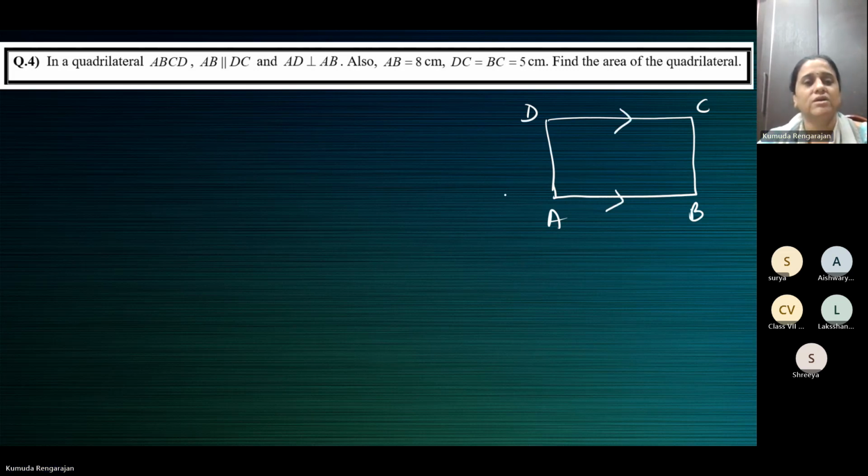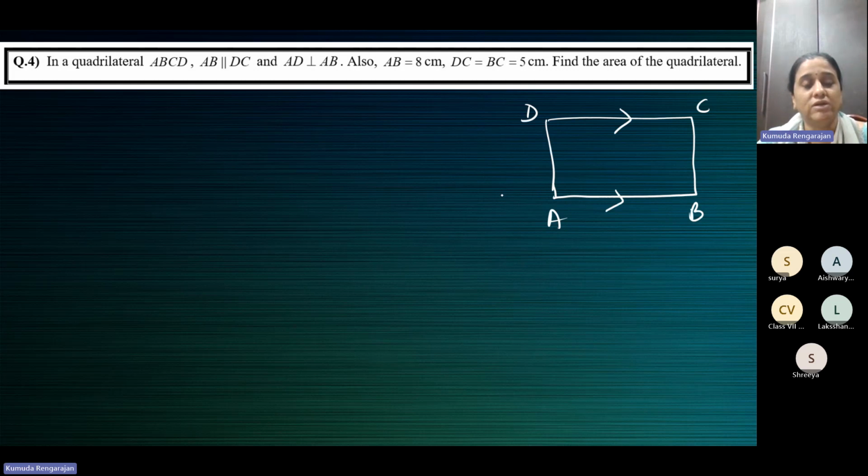I'll just use the information given in a rectangle, and then we'll modify that to somewhat look like what is given in the question. So let me just mark ABCD like this. AB is parallel to DC.